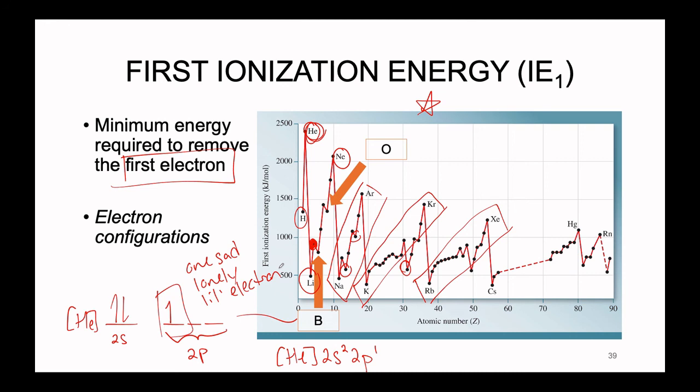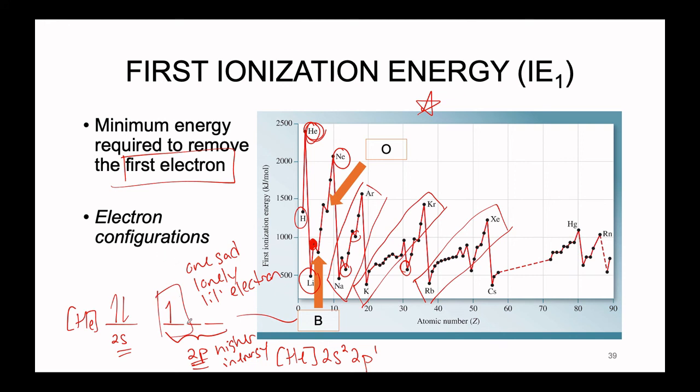There is nothing it can pair with, nothing else to stabilize it, and the 2p subshell is higher in energy than the 2s. So it's not even that this electron can go hang out hypothetically with its 2s friends, it's too high in energy.